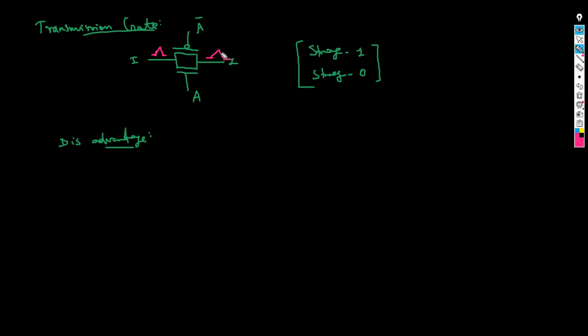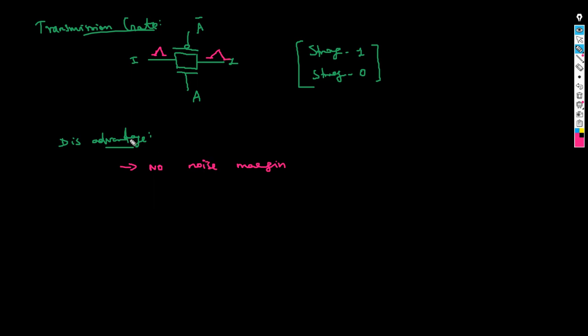So ideally what it means is there is no noise margin. So in the TG, no noise margin. That is the main disadvantage.